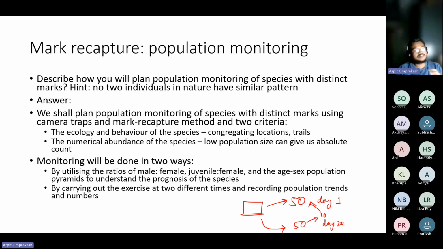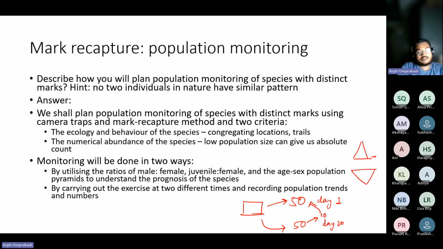Another thing you can do is see how many males, females, and juveniles there are. Based on that, you can build age and sex pyramids for the population, and you can see whether the population is increasing or decreasing. Generally, if the age pyramid is something like this, where there are a lot of individuals of a lower age and very few individuals of a higher age, this means the population is increasing.